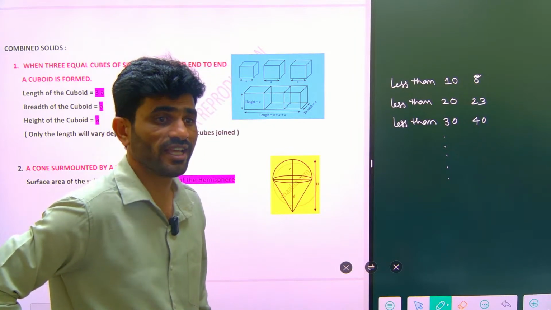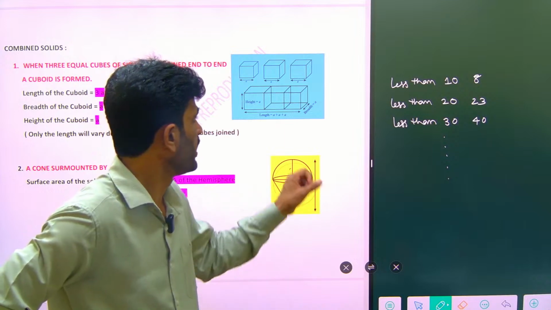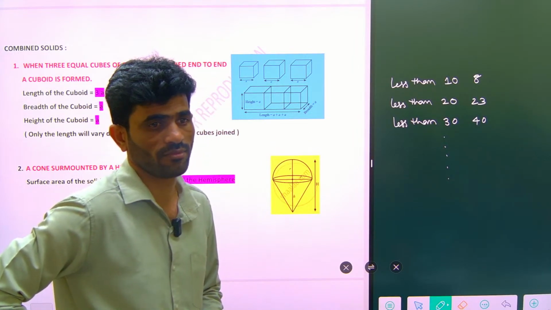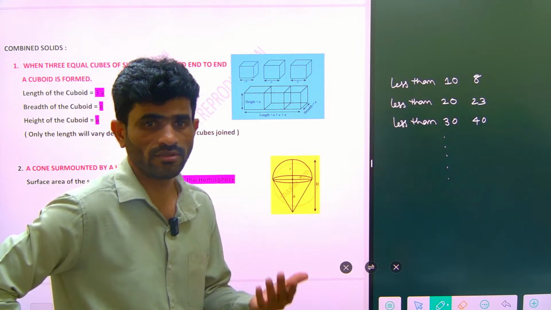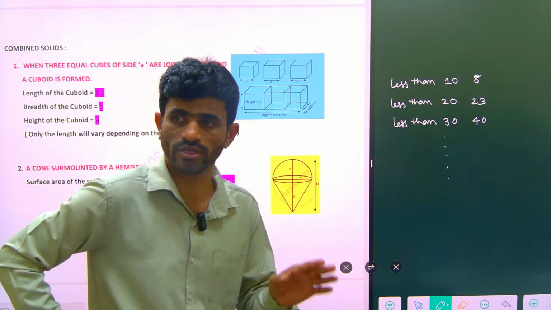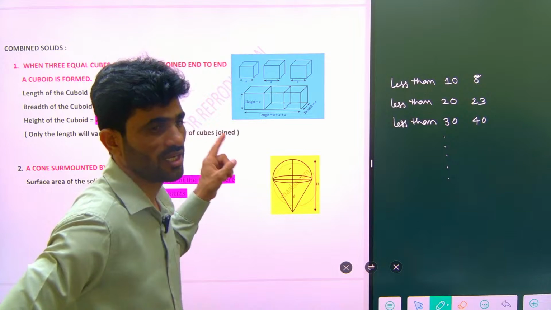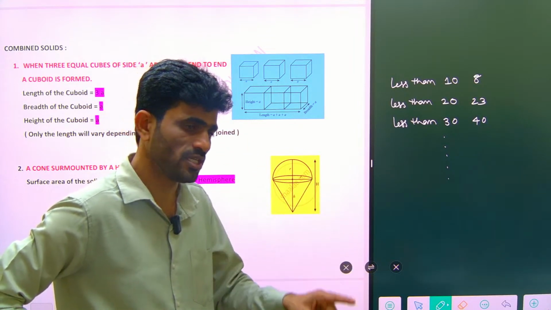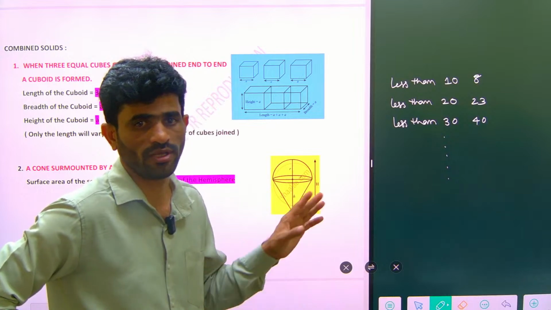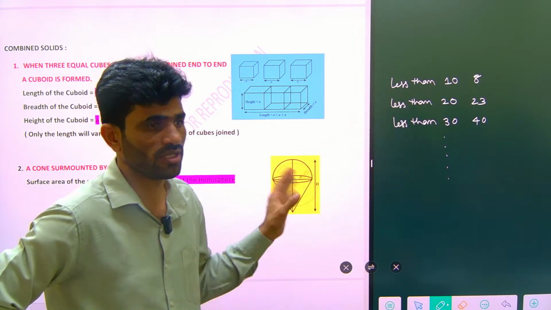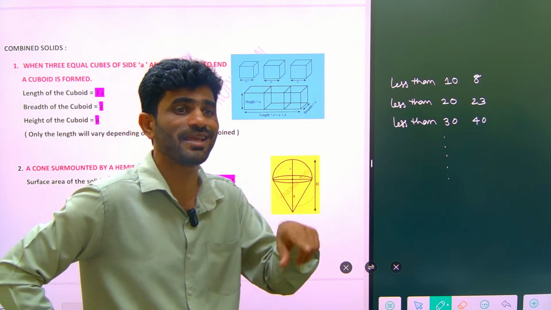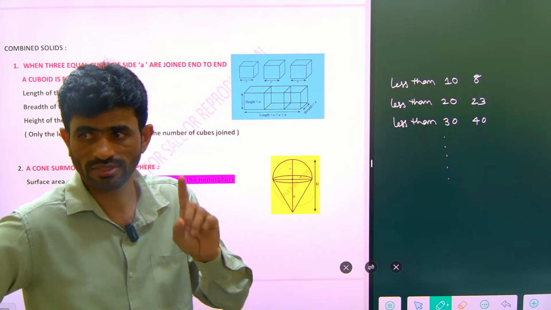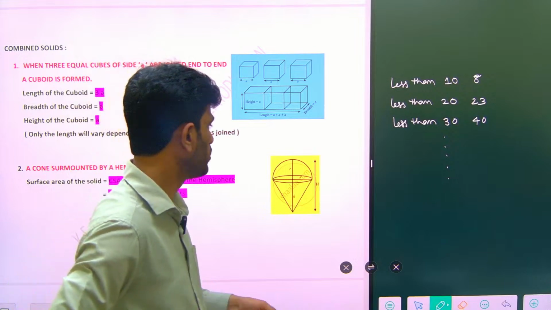What will be length in that case? 3a. Breadth will be what? Height will be what? Length is equal to 3a, breadth is equal to a, height is equal to a. Then that formula 2h(l plus b), or 2(lb plus bh plus hl), or l into b into h, whatever they are asking, according to that you have to follow. But you have to remember length means 3 times the side of the cube. Breadth is 1 time side only. Side is exactly breadth. Height is also exactly breadth.